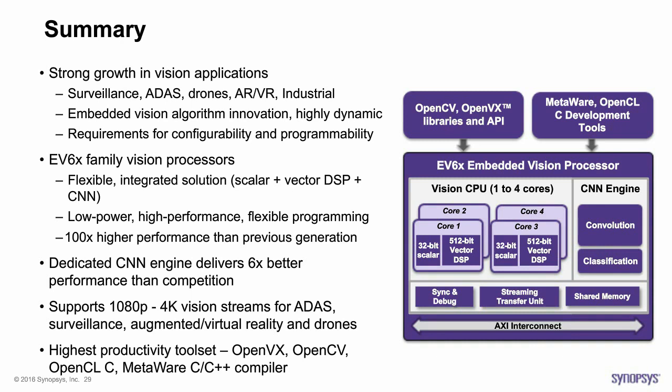Again, bringing low power consumption with very high performance, but also flexibility in terms of programming, delivering much higher performance than previous generations. Part of that is due to the dedicated CNN engine, which is almost essential in this kind of application, but also because of the vector DSP and the capability they bring.